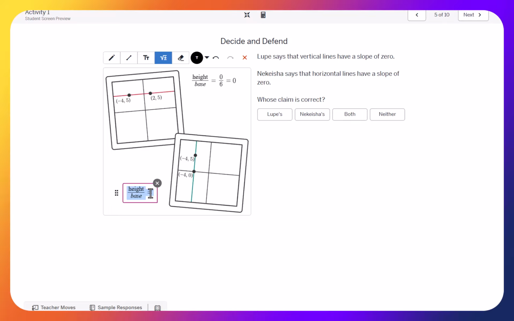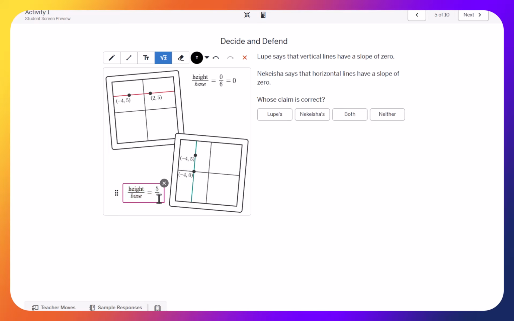So let's try to fill in what we would have if we had a slope triangle. From the point on the bottom to the point on the top, it looks like there's a height that goes from 0 to 5. So there's a height of 5. But this time, I can't make a slope triangle because I can't make a base without moving away from that line.